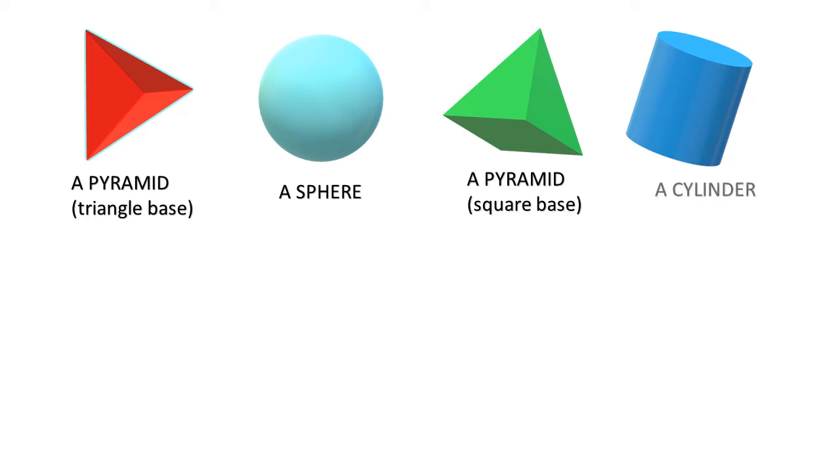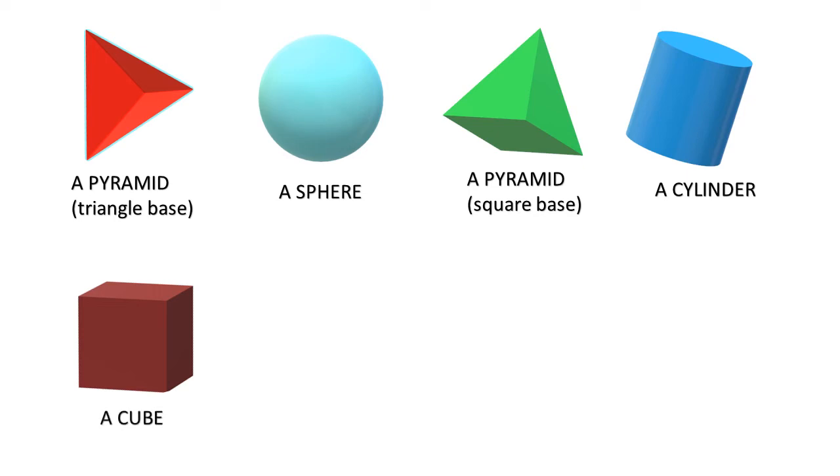It's a cylinder. What shape is this? It's a cube. What shape is this? It's a cone.